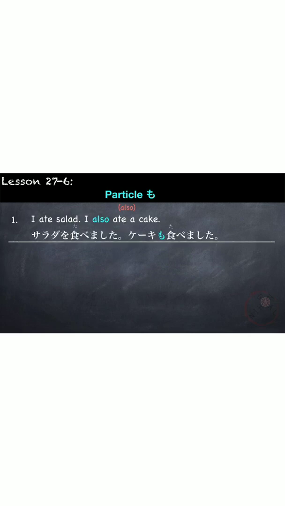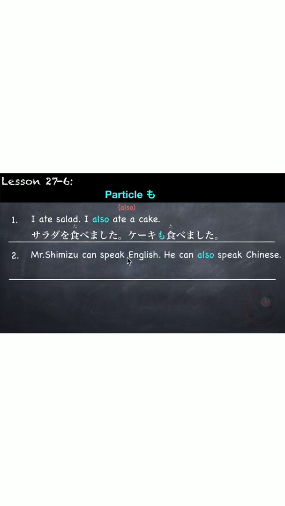Next is particle も meaning also. We first learned about the も particle in lesson 1, wherein it replaces particle は. It can also replace particle お and が. For example, I ate salad. I also ate a cake. サラダを食べました。ケーキも食べました。So here, お is replaced by も。Mr.